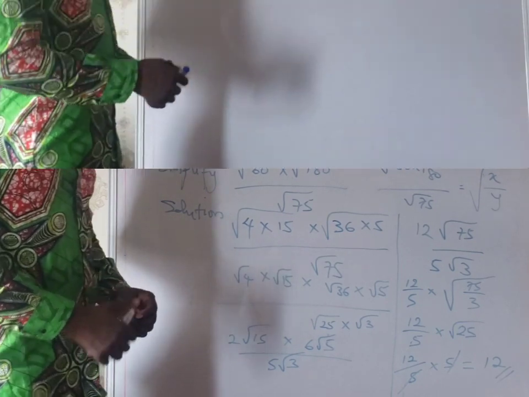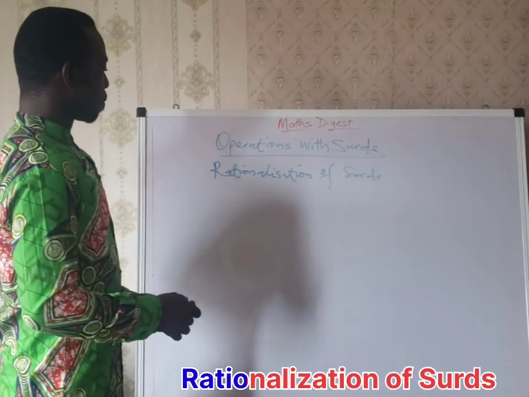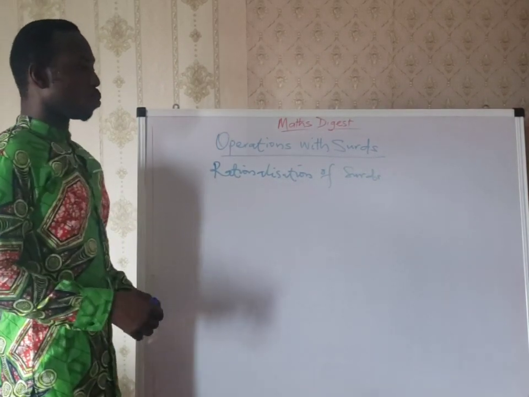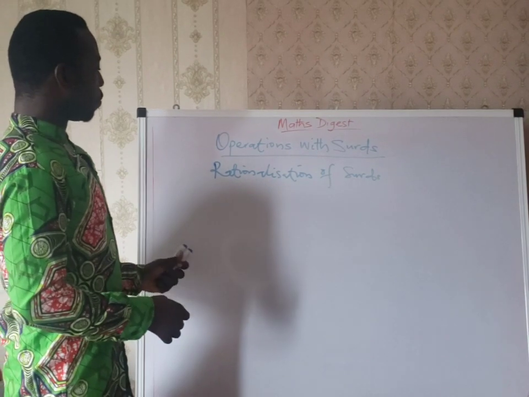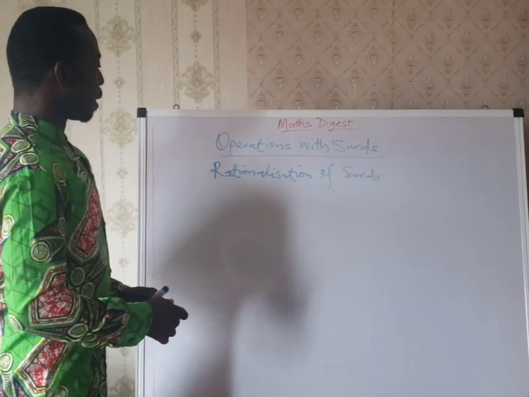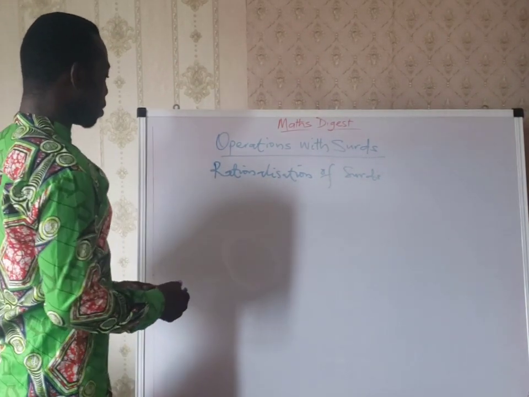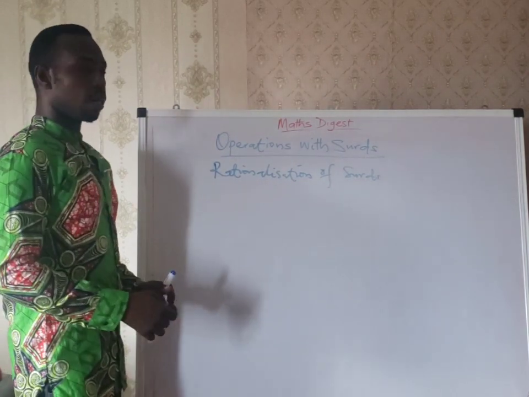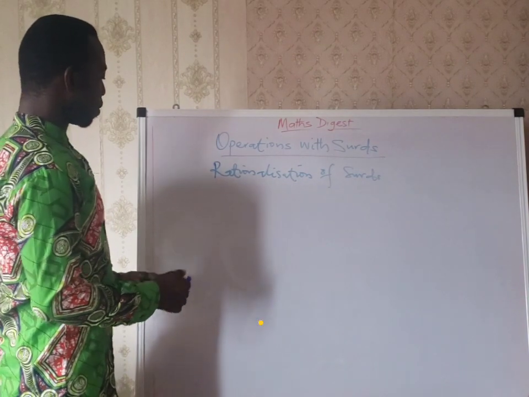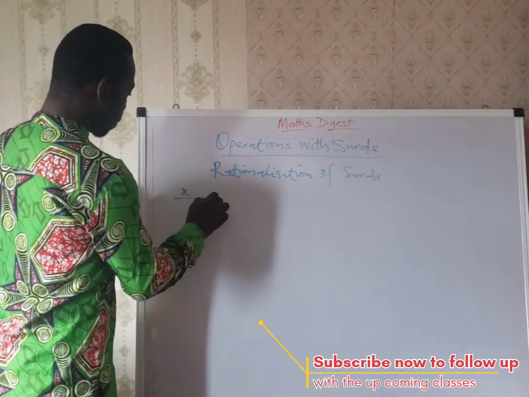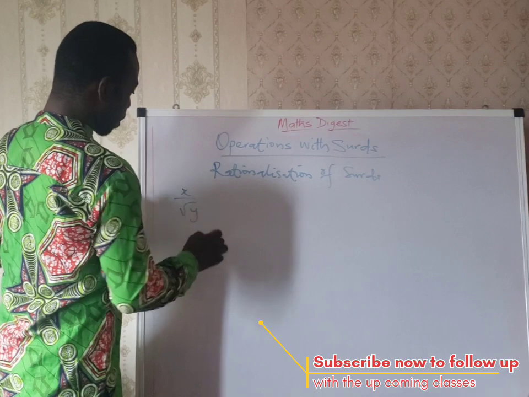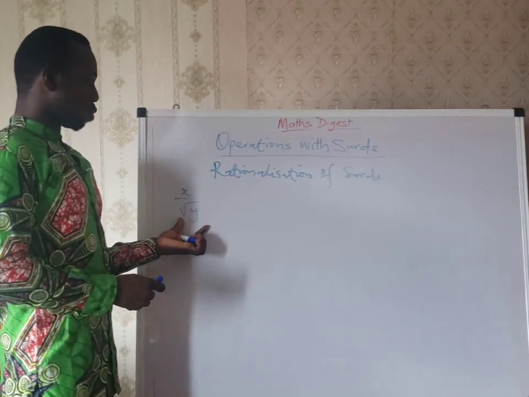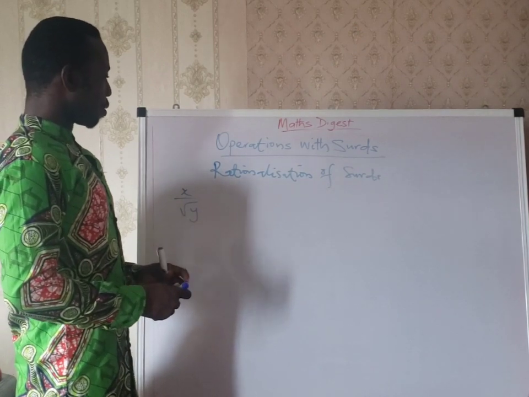The essence of rationalization is to remove the denominator that is a surd, when the denominator is a surd and the numerator is a rational number. For instance, if you have x over root y, your concern is to remove this root, this irrational number, from the denominator.